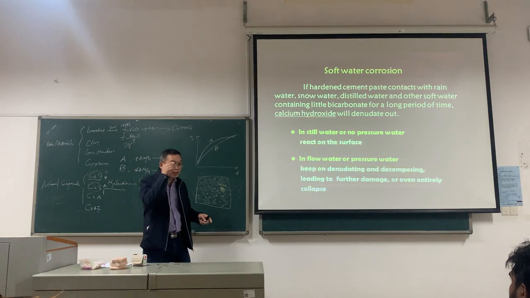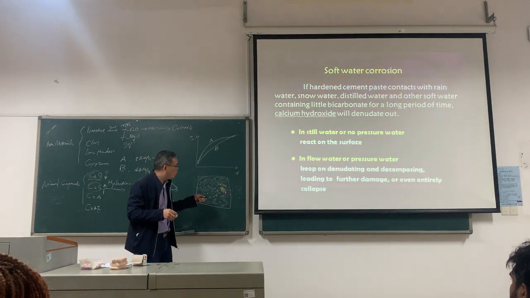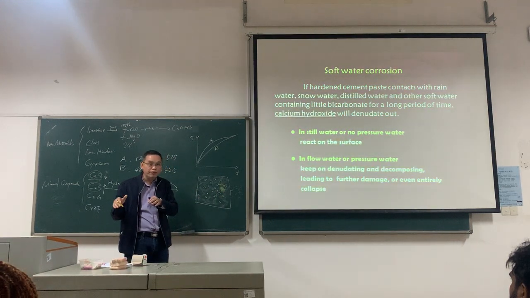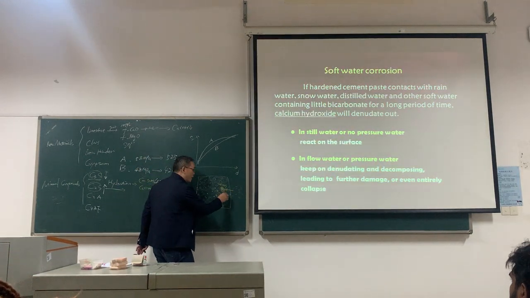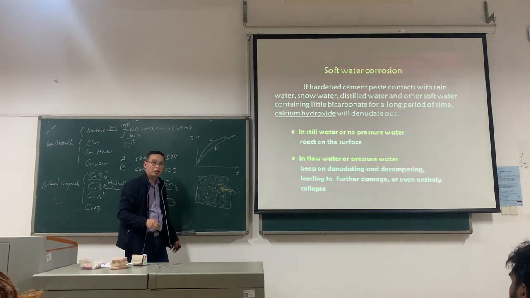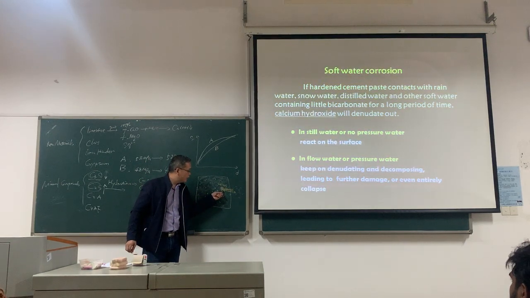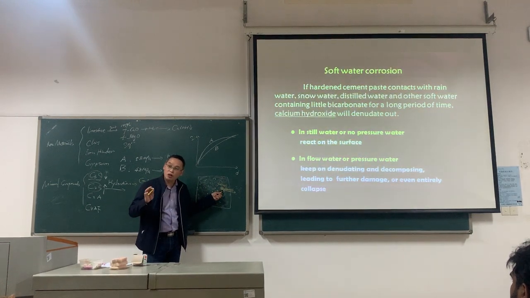But if the water is flowing, what does it mean? It gets in and gets out, gets in, gets out. The saturation cannot be obtained for the dissolving of the calcium hydroxide.